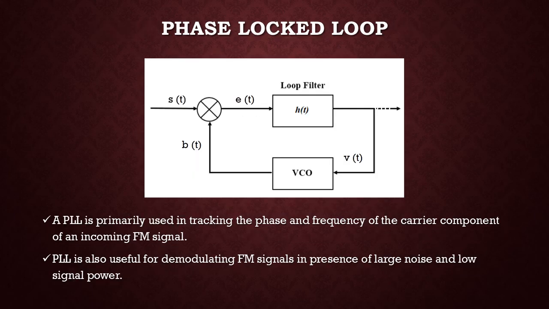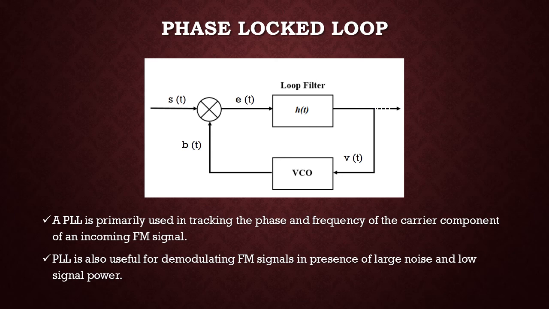And the next part, PLL, this is the indirect type of FM demodulator. A PLL is primarily used in tracking the phase and frequency of the carrier component of an incoming FM signal. PLL is also useful for synchronous demodulation of AMSC signals.